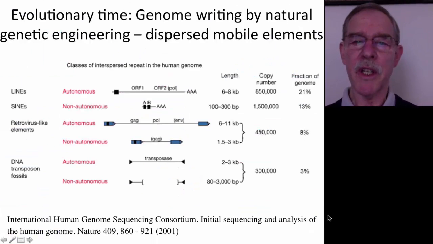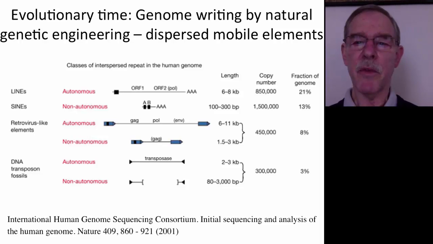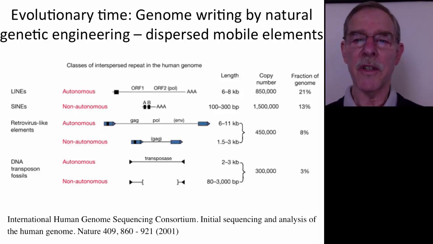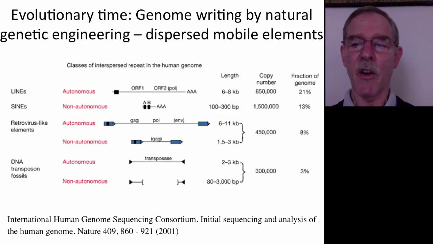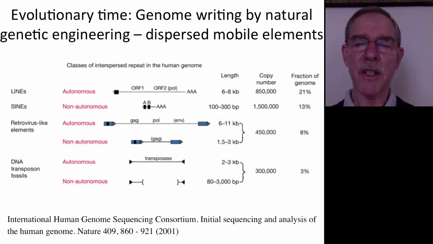These elements have been extremely important in evolution. For example, here's a figure from the first draft human genome sequence, and we can see that in our own evolution, there are over 3 million of these mobile genetic elements: transposons, retrovirus-like elements, and LINEs and SINEs.